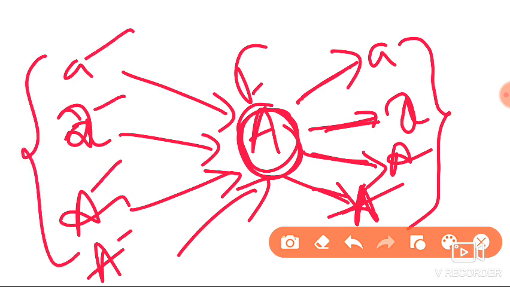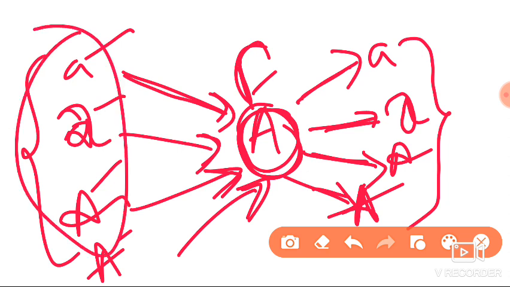The structure is not the same, totally different, but they are all pointing towards a particular function. Functionally they are all the same. It is convergent evolution. Divergent has the same structure and then they are doing different functions. But in convergent evolution, the function is the same but the structure is totally different.